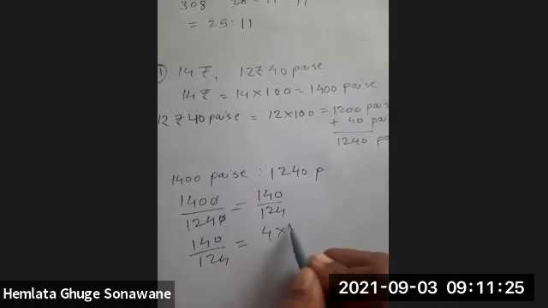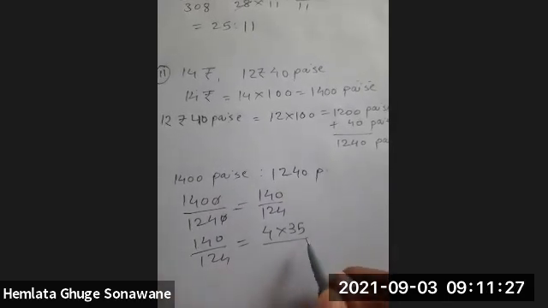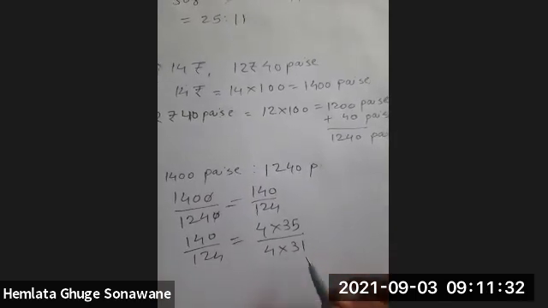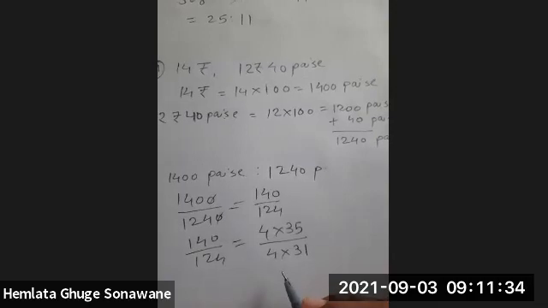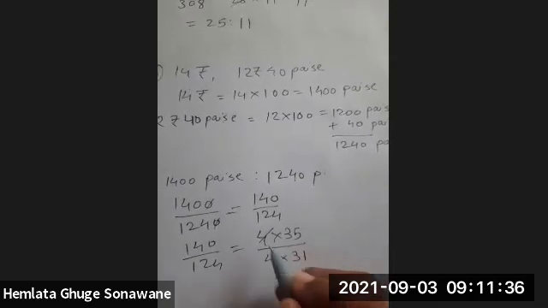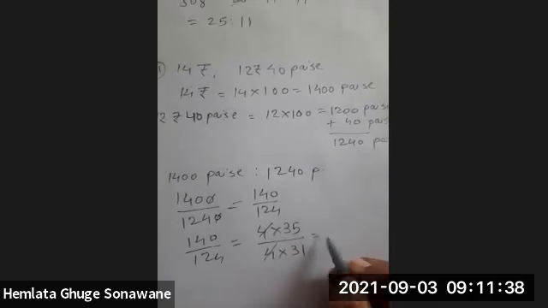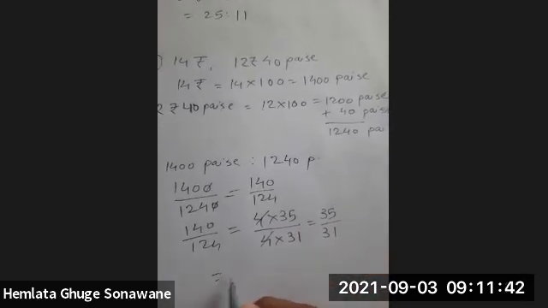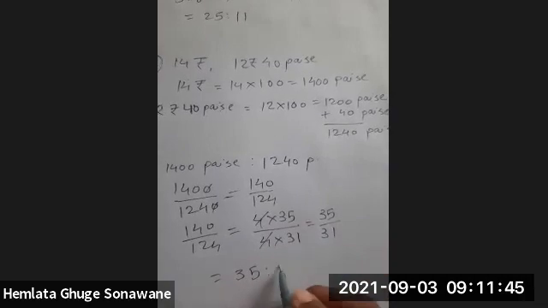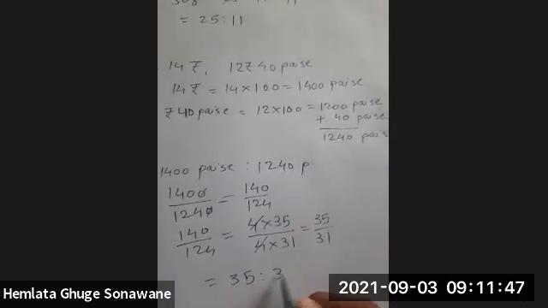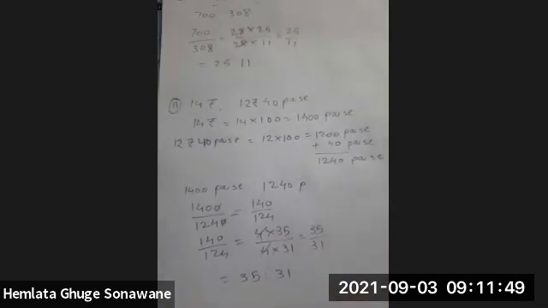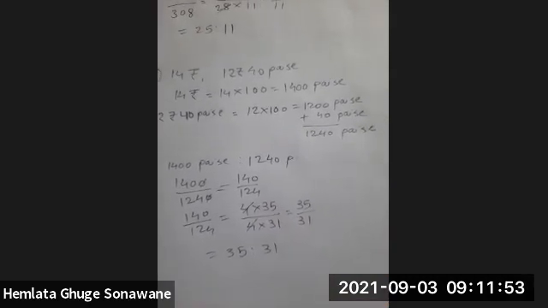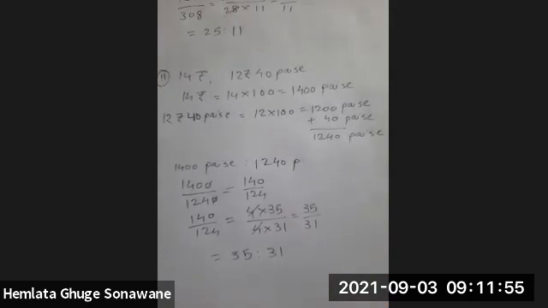So 35 fours are 140 and 31 fours are 124. This 4 gets cancelled. 35 upon 31. So we have got the ratio as 35 as to 31. Just go through the example.